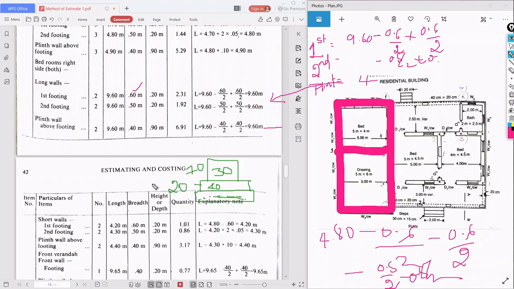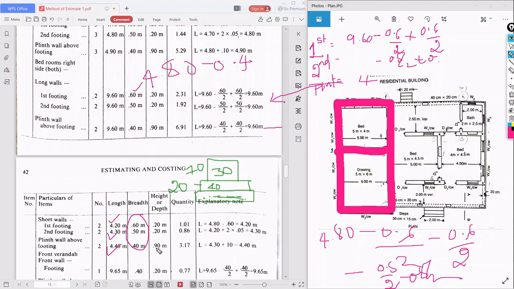Similarly for third footing, for plinth, 4.80 minus 0.4 by 2 minus 0.4 by 2, you can also write. So once we have subtracted the width from the center to center length, we will get the length as 4.20, 4.30, 4.40. So write the breadth.